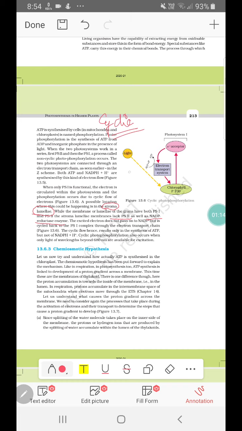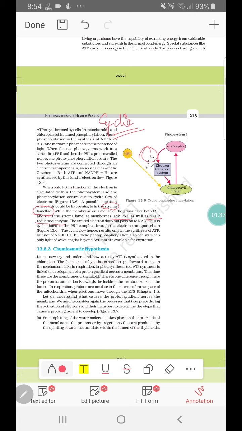In the presence of light, if the wavelength is beyond 680 nanometers, the chlorophyll molecule in PS1 that gets excited at 700 nanometers will start releasing electrons. ATP will be produced through the ETS, that is the electron transport system.